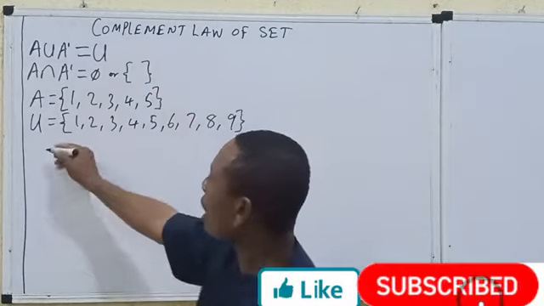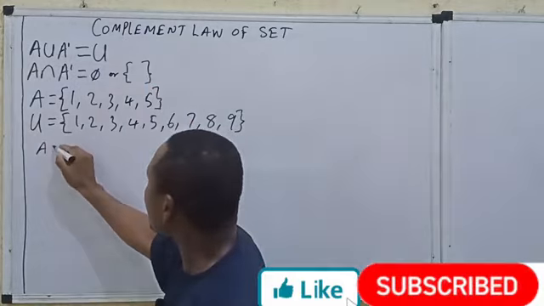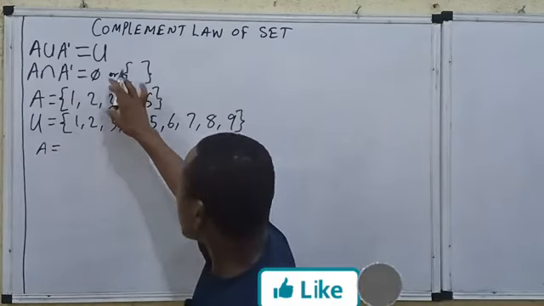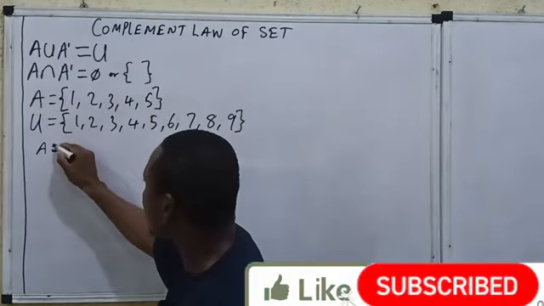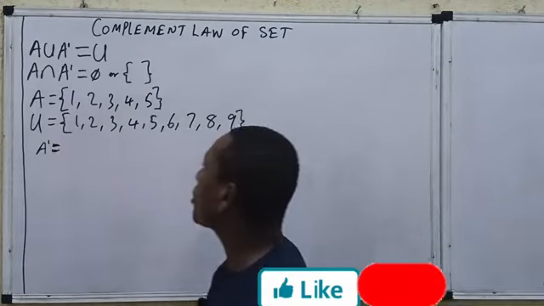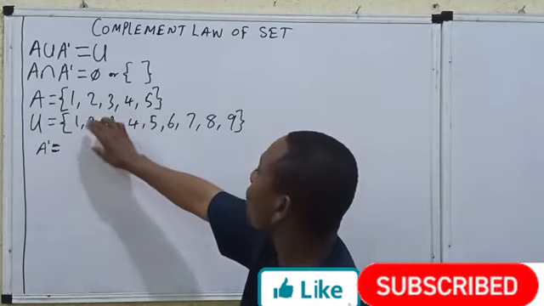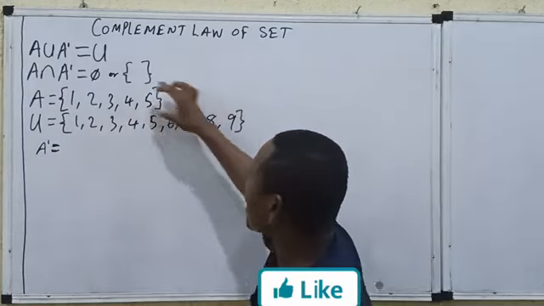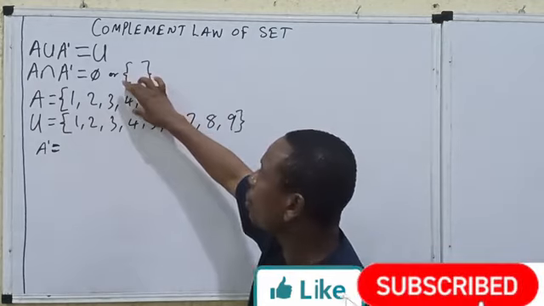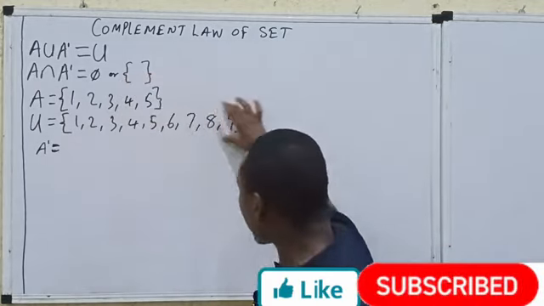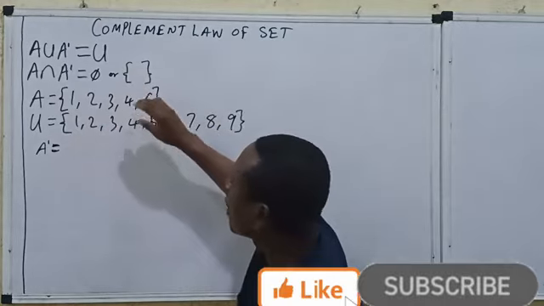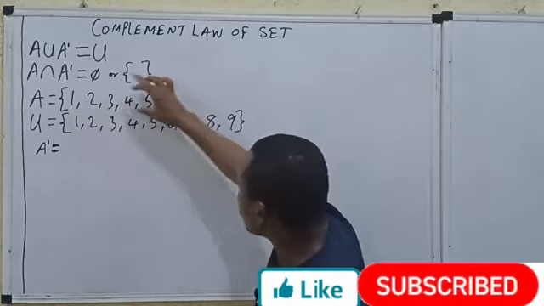So here we have set A. I don't need to rewrite set A. So let's just look for the complement of set A. Now, when we talk about the complement of set A, it simply means everything in the universal set that is not in A.